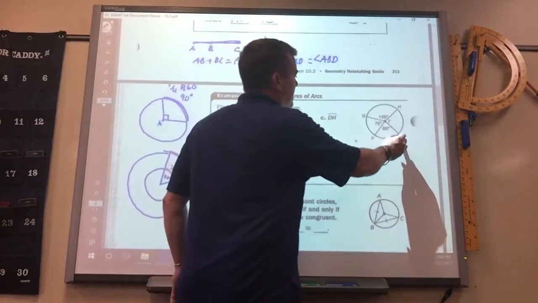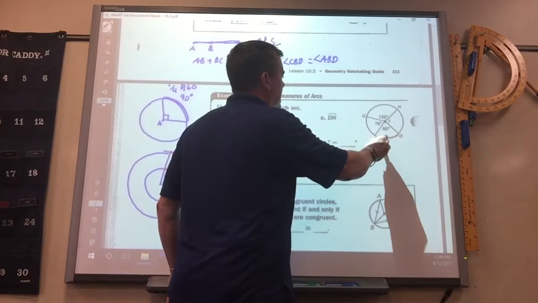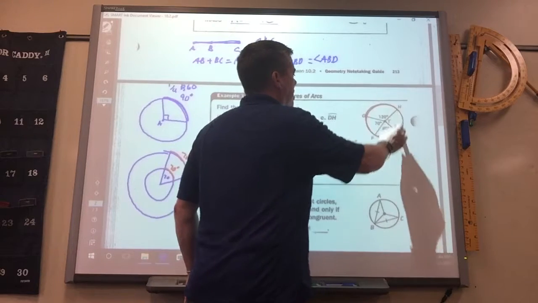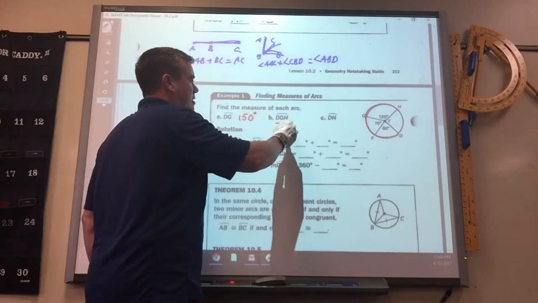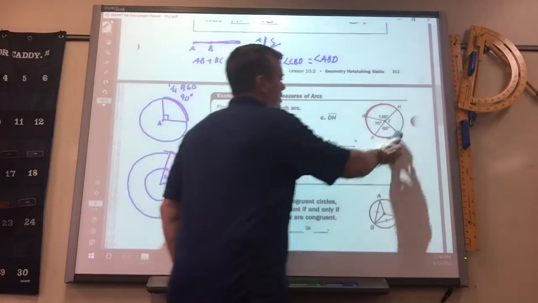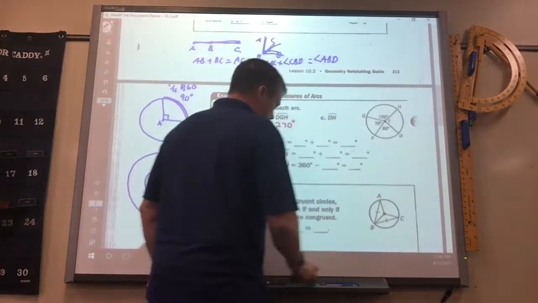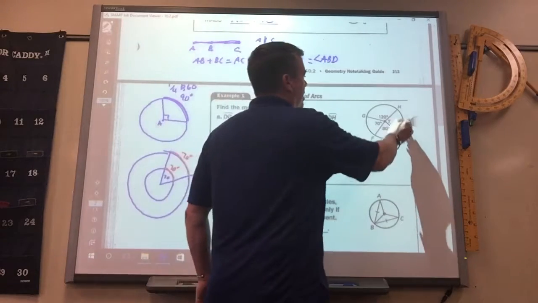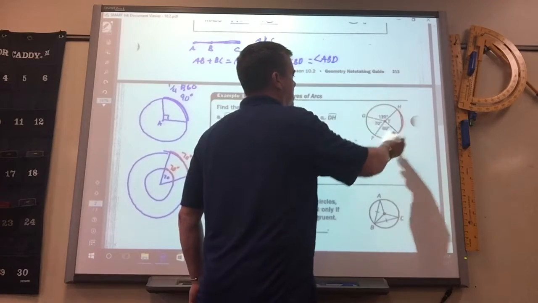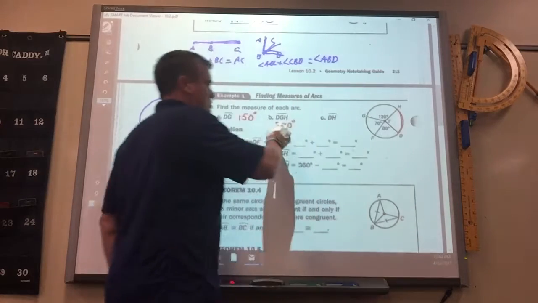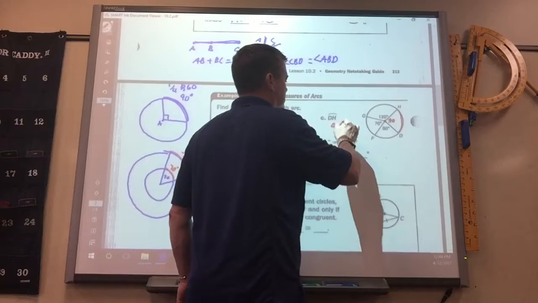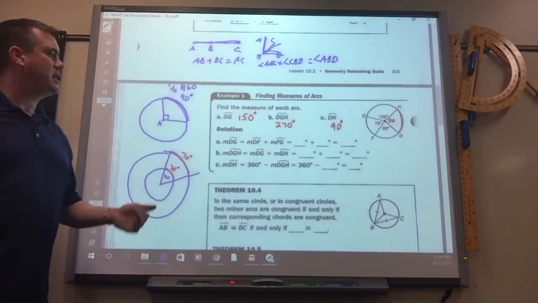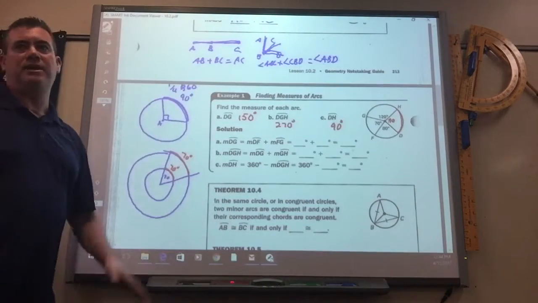DGH means start at D, go towards G, and end at H. So that's 150 and 120 is 270. And then DH, we don't know, but we can figure it out because this has to add up to 360. We just figured out it's 270, so this has to be 90. Okay, so central angles and the arcs that they intersect are the same.